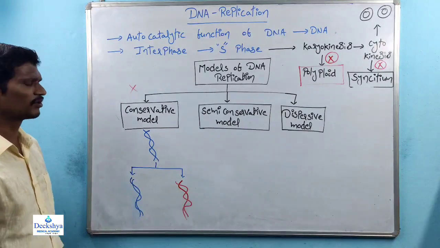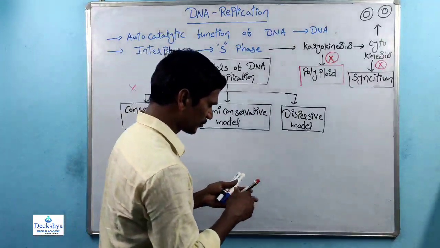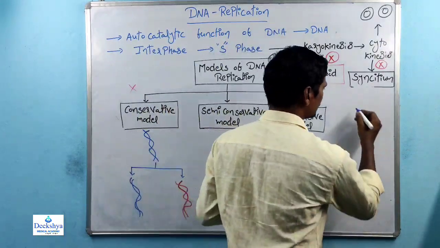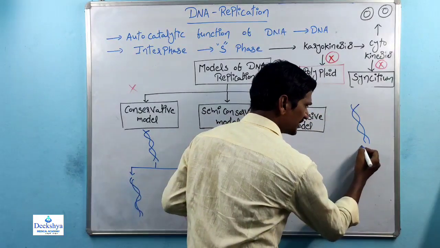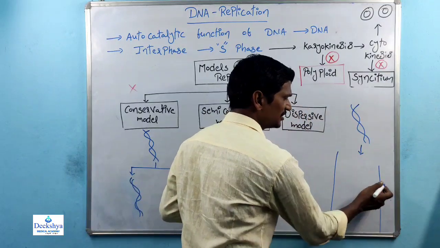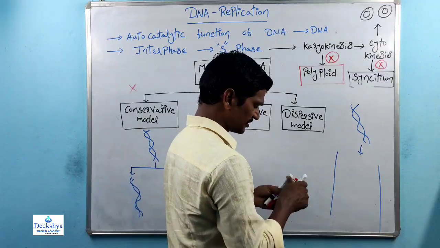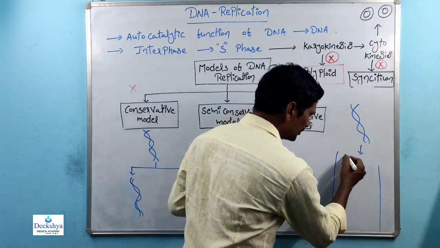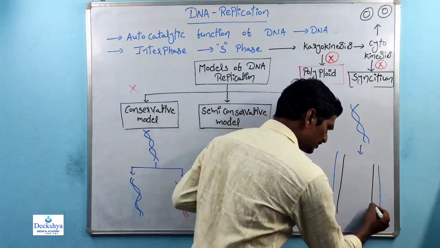Why is the conservative model a failure model? Because during the DNA replication process, the parental DNA is separated into two strands. This is the separation process. After that, this is a newly synthesized strand, and this is another newly synthesized strand.